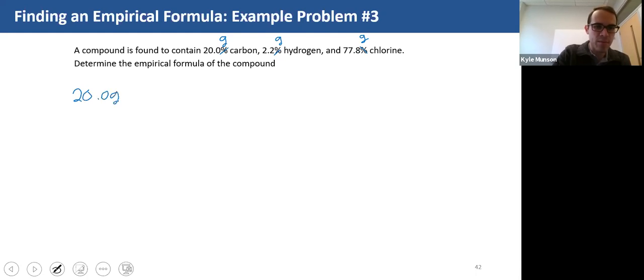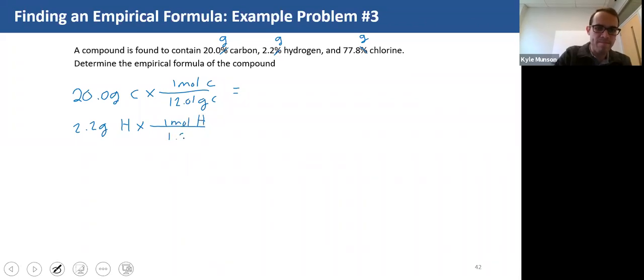20.0 grams carbon times, for every 12.01 grams carbon, 1 mole carbon, okay? 2.2 grams hydrogen times for every 1 mole of hydrogen. Seeing these problems, I know it might be a little bit boring here, but it's going to help you a lot. The more problems you do, the more problems you see.